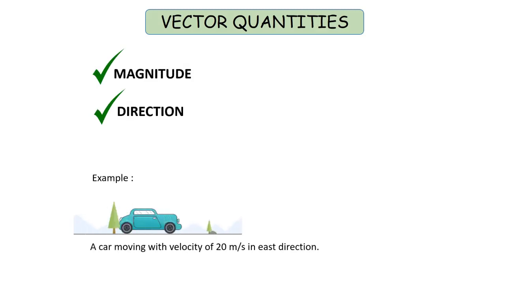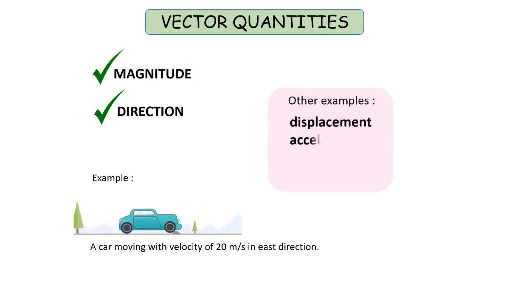Vector quantities, on the other hand, have both magnitude and direction. This includes velocity, displacement, acceleration, force, and momentum.